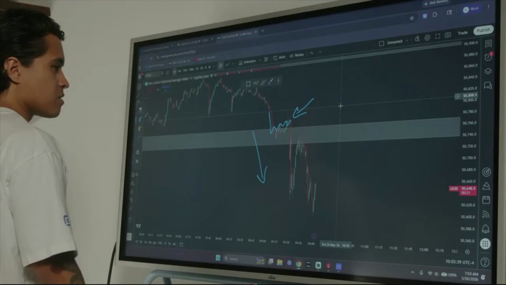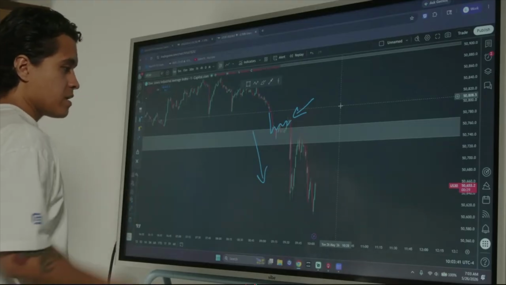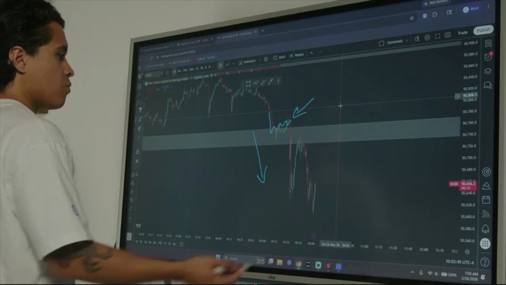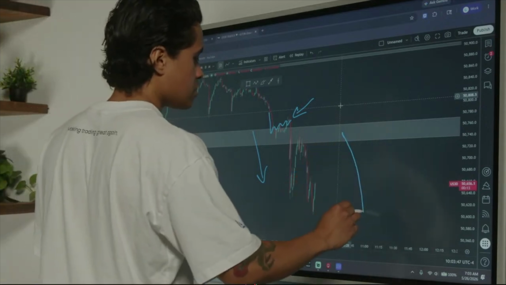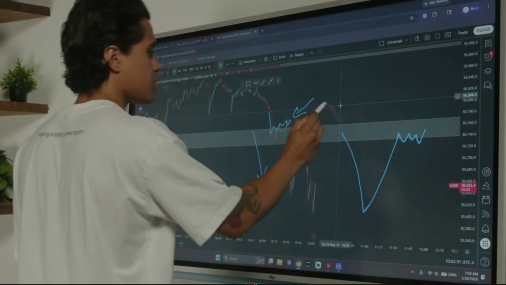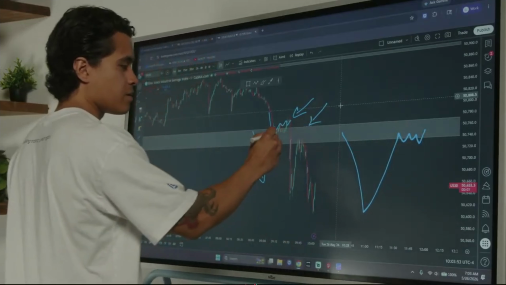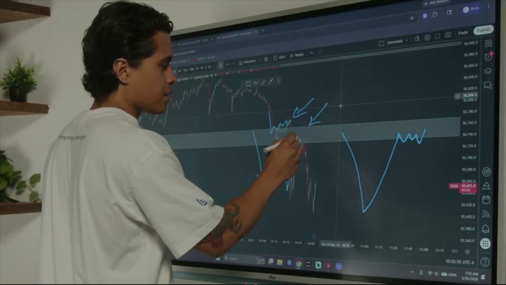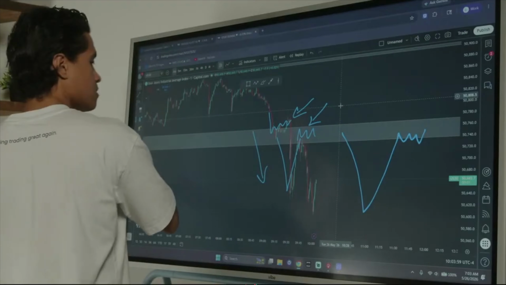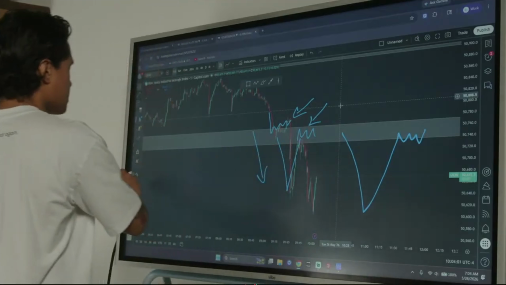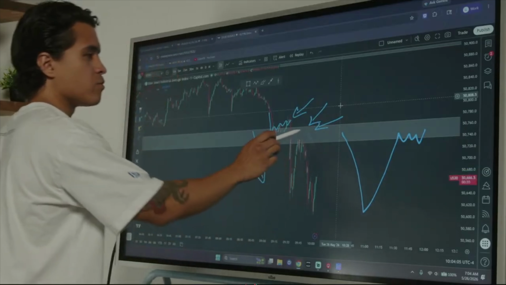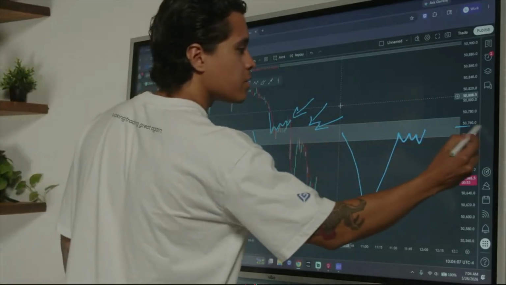Say that was too volatile, or maybe you like to wait for the retest, you got a textbook play of that right here, which was price creating lows, retesting areas of interest, failing to trade above, which is what you got here. You got the low, you got the high, the failure to trade above your area of interest, and then you end up rejecting that area, showing you sellers are still more active and more in control below your area of interest.